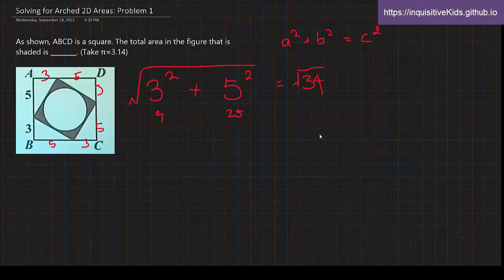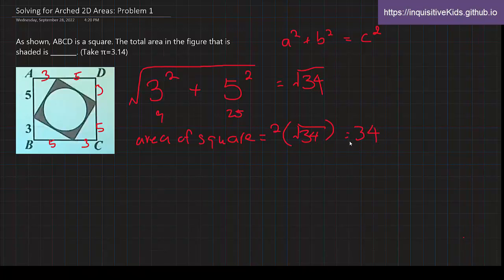But in order to find the area, all we have to do, so let's do area of square, is going to be equal to the square root of 34 squared, and since these two cancel out, we have 34. So this is the area of the square.